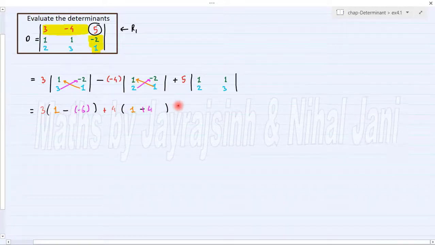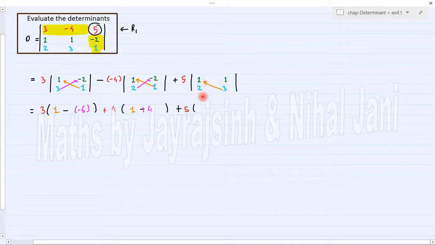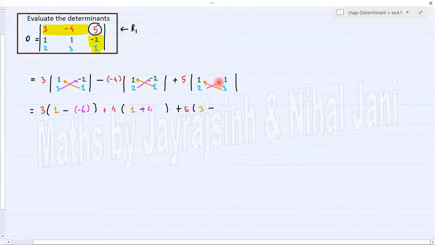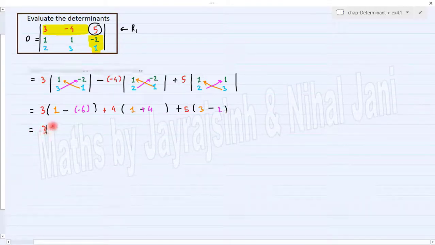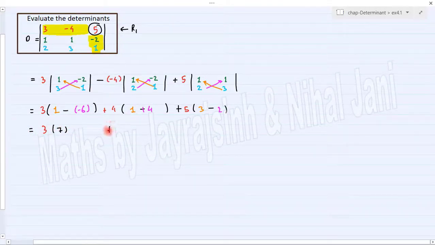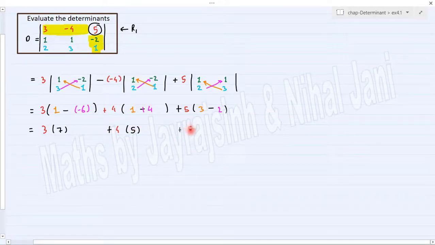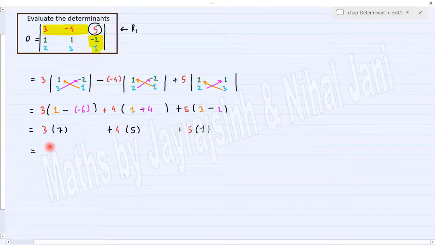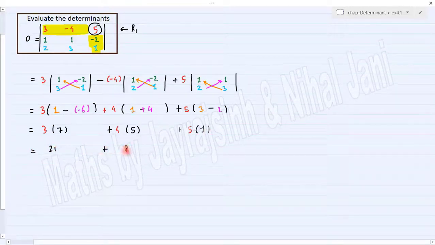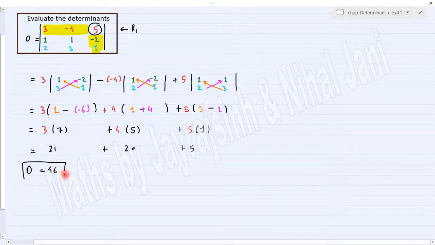So it will become plus 4, plus 5. 3 1s are 3, minus 2 1s are 2. So here we'll get 3 into 7 plus 4 into 5 plus 5 into 1. Or we can say we will get 21 plus 20 plus 5 will give us 46 as a final answer.